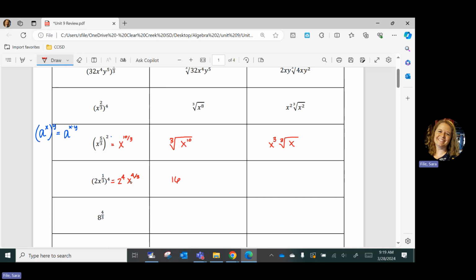And x is to the 4/3 power, so the cube root of x to the 4th. How many times does 3 go into 4? Once. So x to the 1 power comes out, and the 16 was already out there. But 3 goes in one time and there's 1 left over, so I still have an x to the 1 left inside.